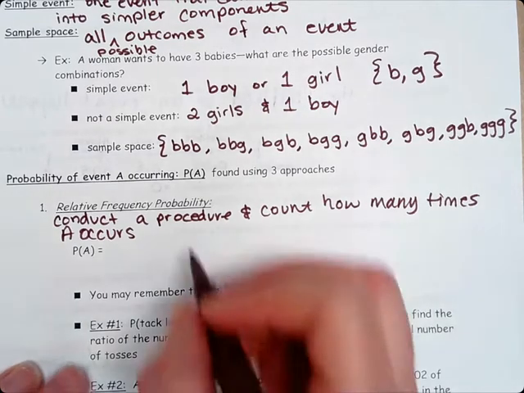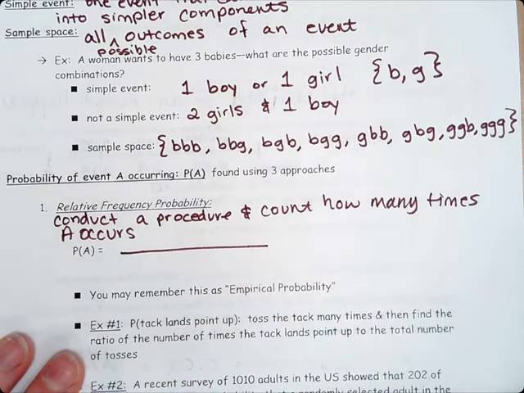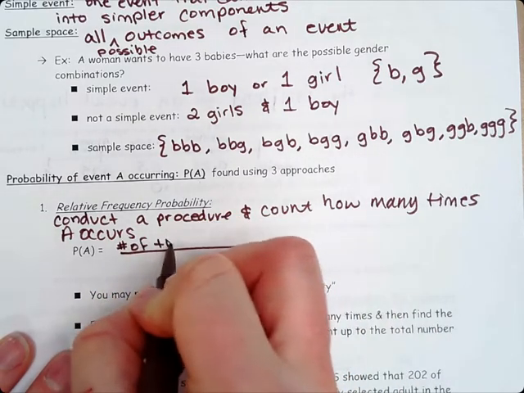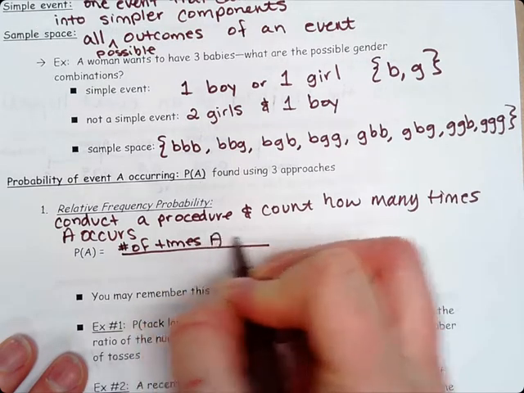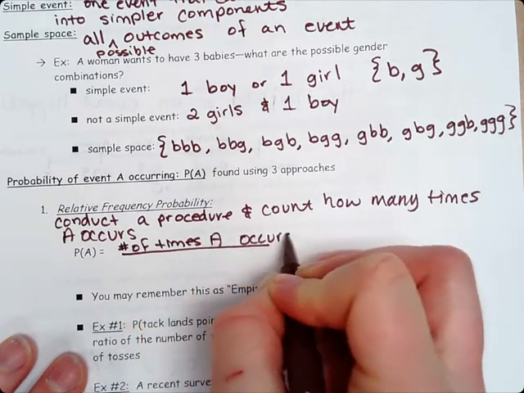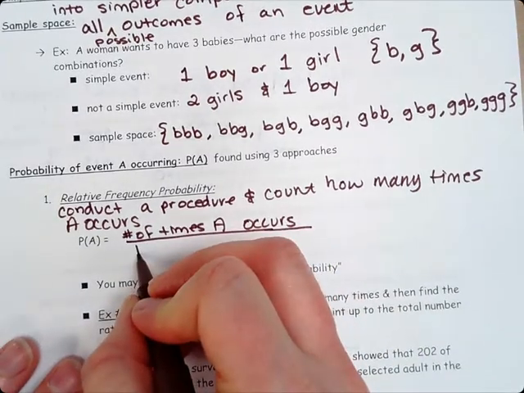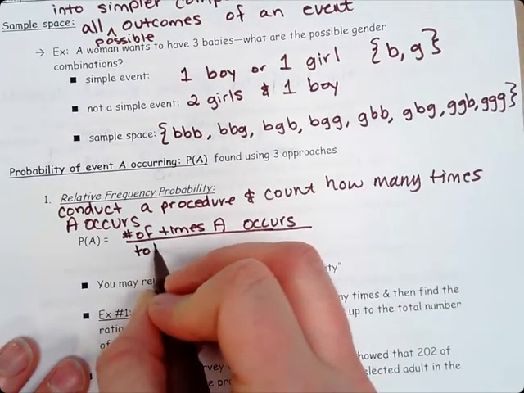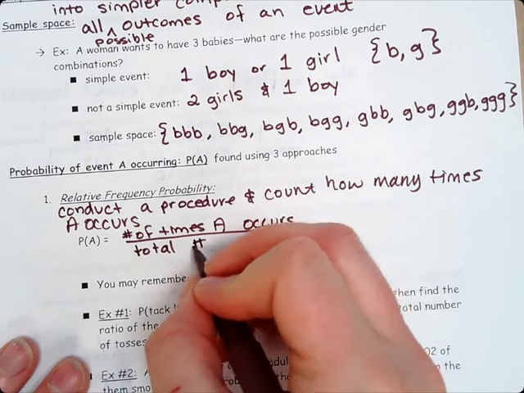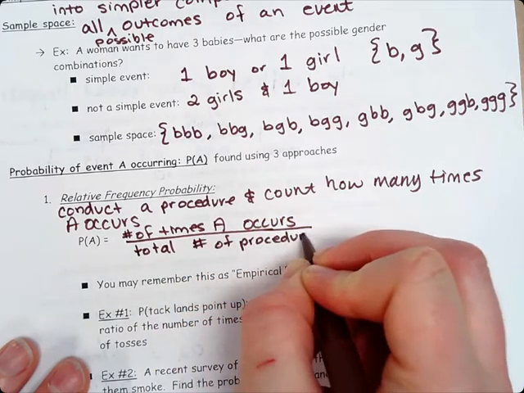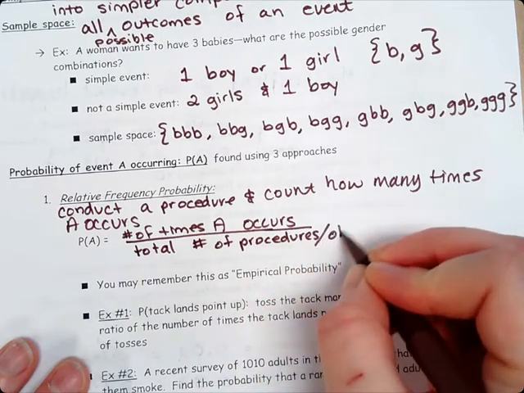So you would do it as a fraction, number of times A occurs over total number of procedures / observations.